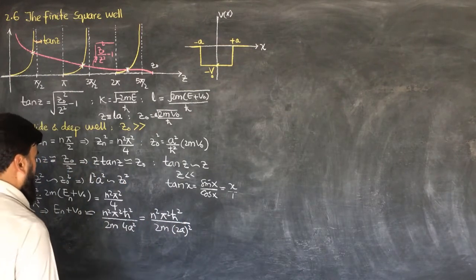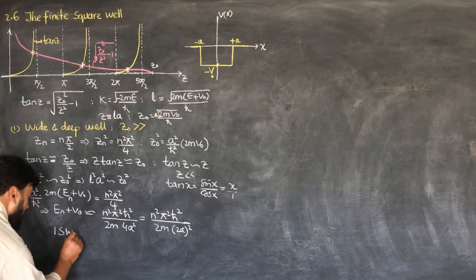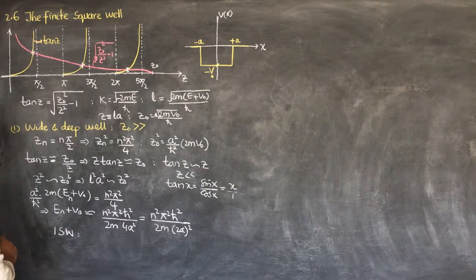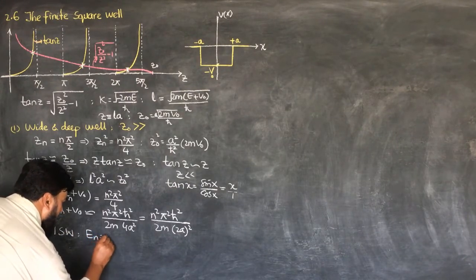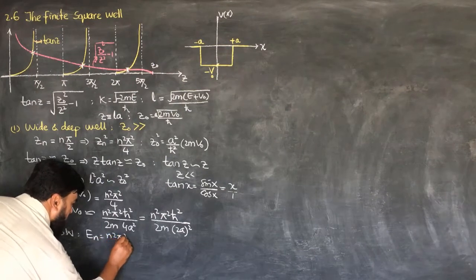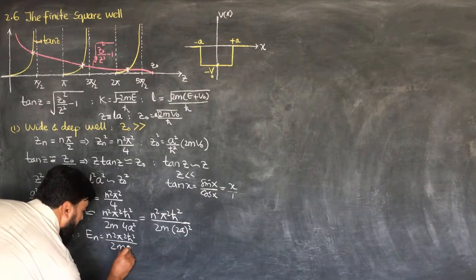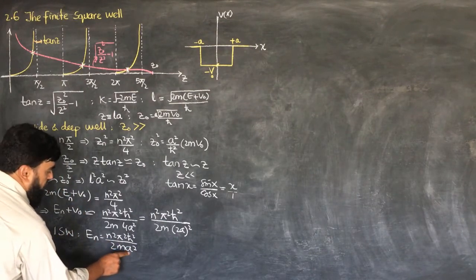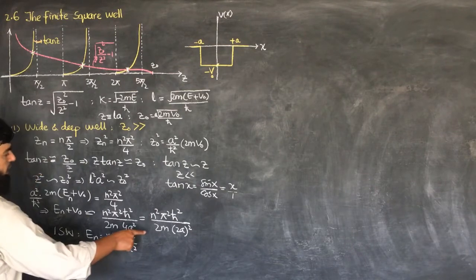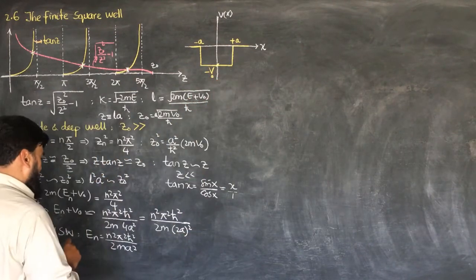Now if I consider the infinite square well, there the energy E n is n squared pi squared h bar squared over 2m a squared. Over there the width of the well was a. With us the width of the well is 2a.